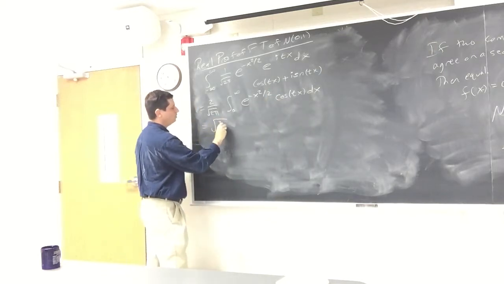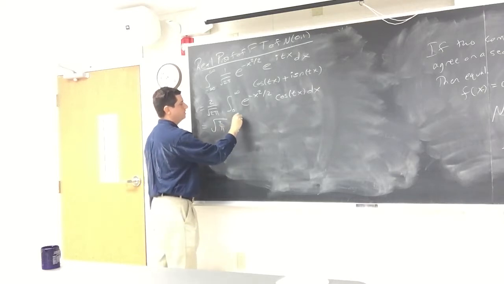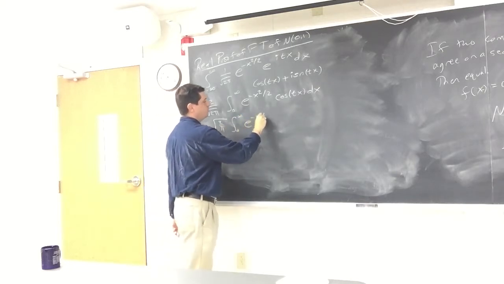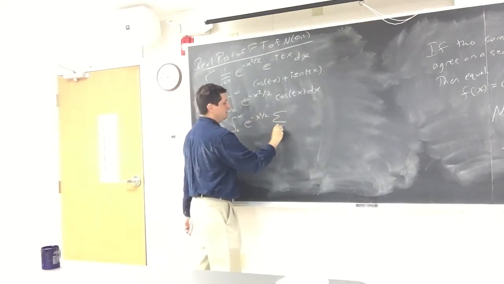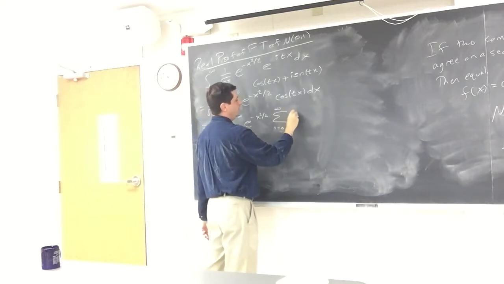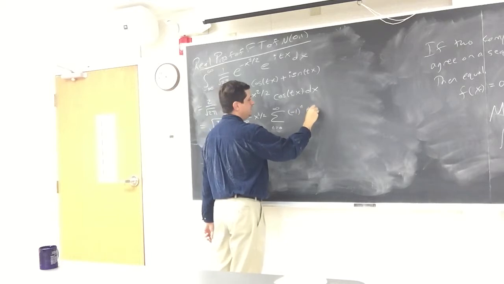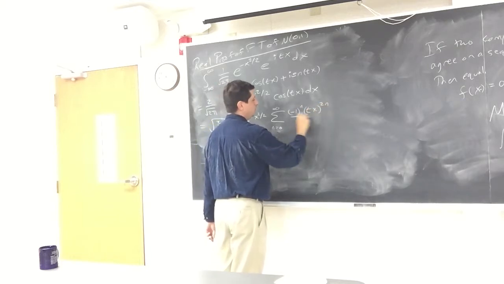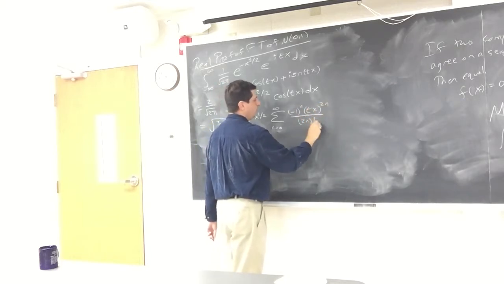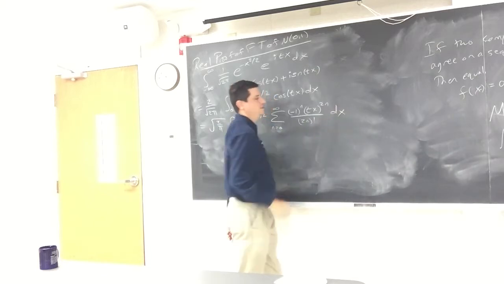So square root of 2 over pi, integral 0 to infinity, e to the negative x squared over 2. Now we'll have a sum, n goes from 0 to infinity of negative 1 to the n, tx to the 2n over 2n factorial dx.